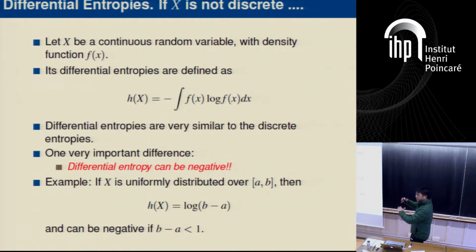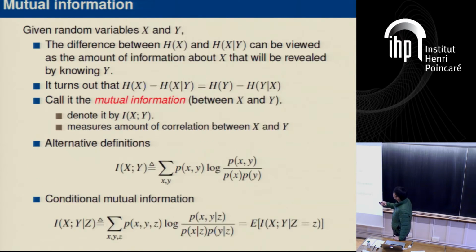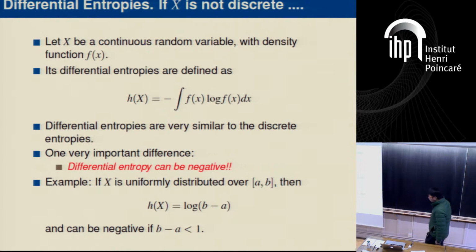It turns out that, in some sense, differential entropy and discrete entropy are very similar to each other in terms of properties, but there are also some critical differences. One very important difference is that differential entropy can be negative. So in this sense, it's not really right to interpret differential entropy as the amount of uncertainty, because you can't really interpret what it means.